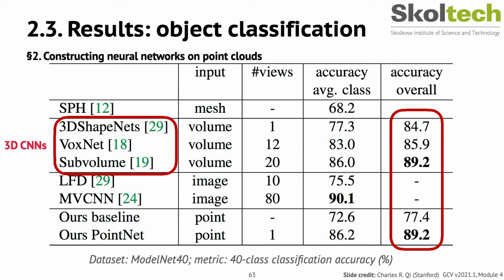In this case, surfaces of each shape were sampled by 1024 points. PointNet, which is the first architecture developed specifically for point clouds, is already achieving better or on par results with several well-engineered 3D CNN architectures.